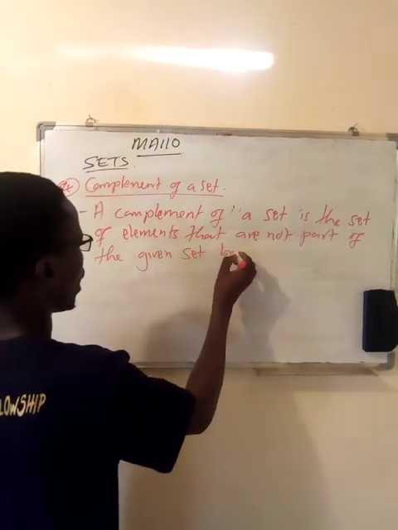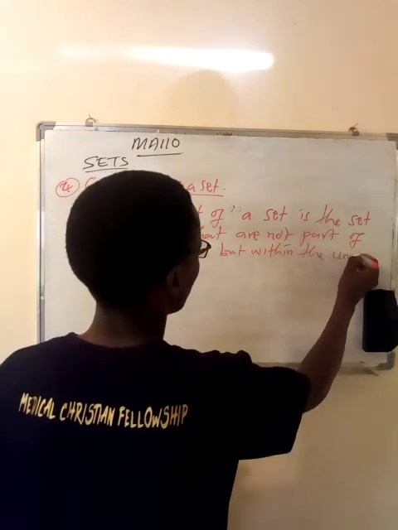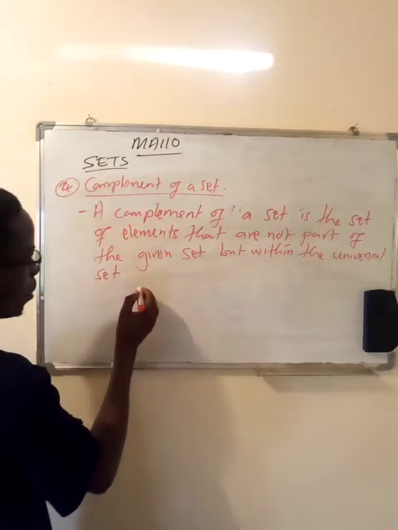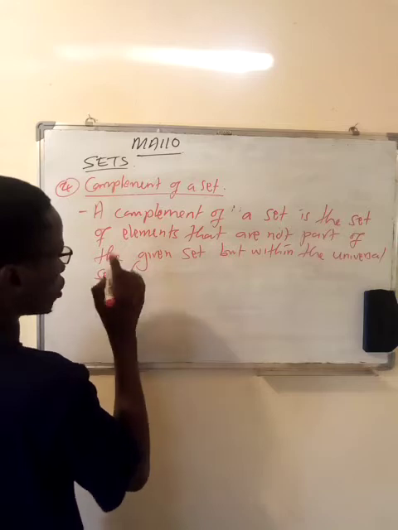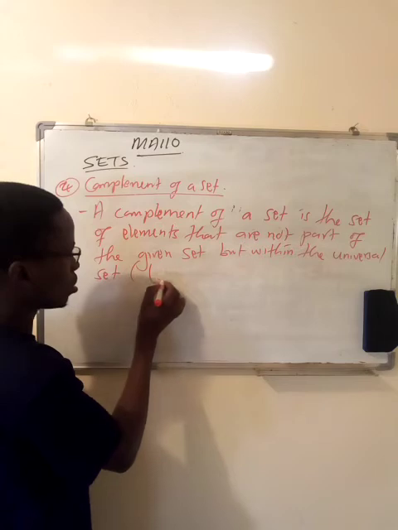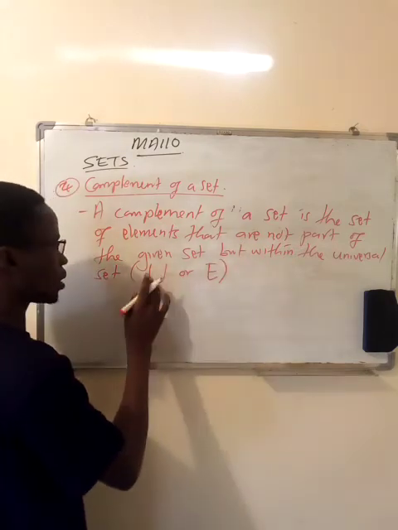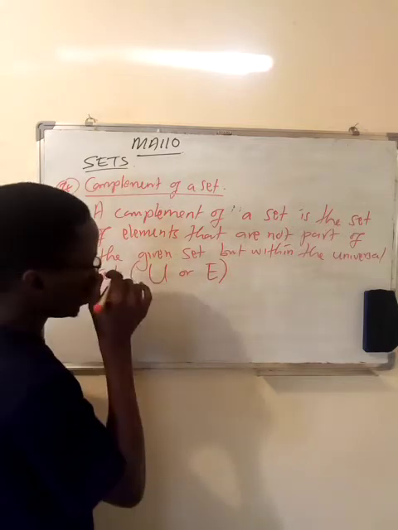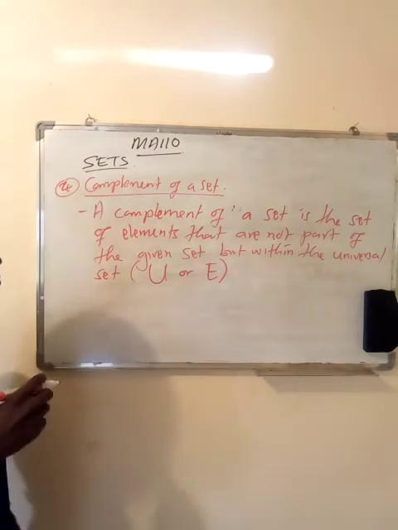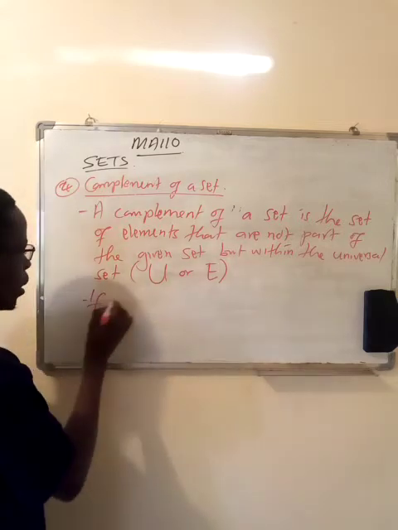For example, if the universal set is, let's say, 1, 2, 3, 4, 5, 6, then the set A is, let's say, 2, 4, 6. Then set A complement is going to include all those elements that are not in A, but they are within the what?